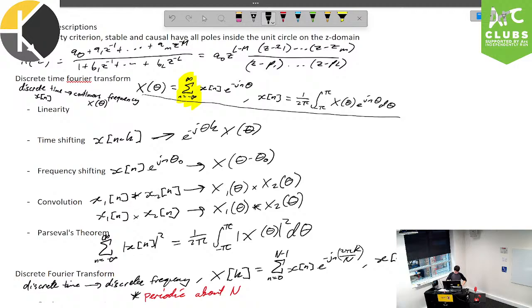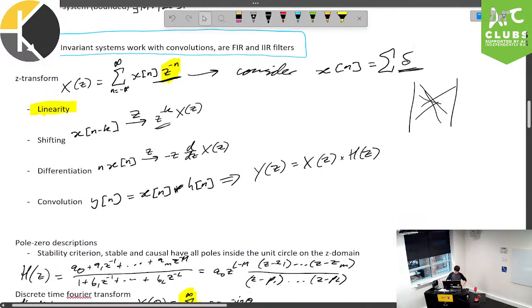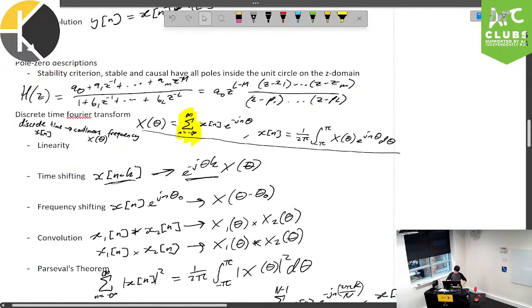Inverses exist very similarly to how they are in the Fourier transform, but let's just get into a couple of its properties. We got the linearity factor, time shifting factor, frequency shifting, convolution, and Parseval's theorem. So most of these are very similar. A time shift, which is just a delay, can be thought of as the exact same thing as in the Z transform, where we apply z to the minus k, we apply e to the minus j theta k.